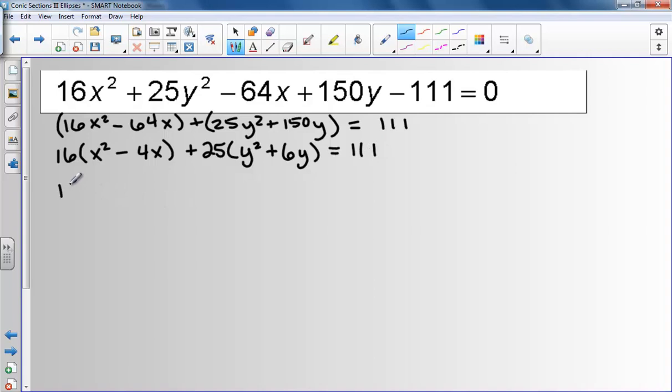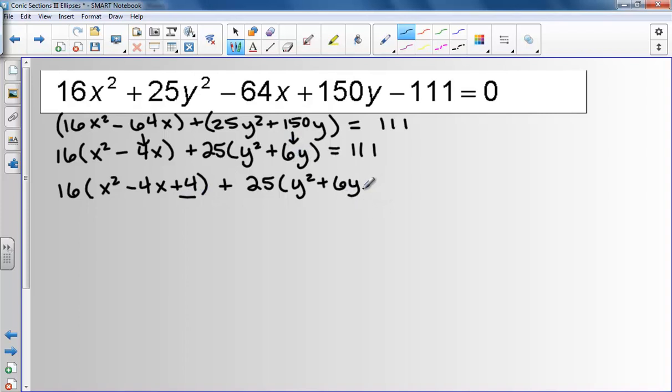Okay, let's go ahead and do our b over 2 squared. So here's my b. Negative 4 divided by 2 is negative 2. Negative 2 squared is 4. Same thing here. Y squared plus 6y.